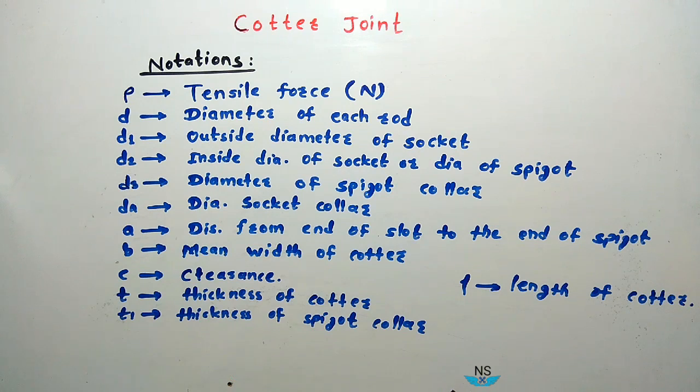So these are the notations which we will use in the design of cotter joint. We know the cotter joint consists of three elements: socket, spigot, and the main element is cotter.